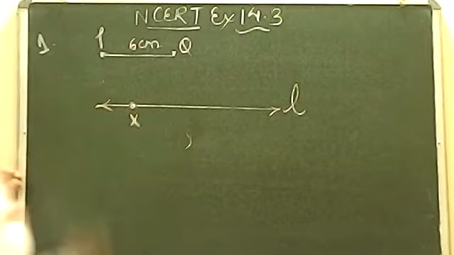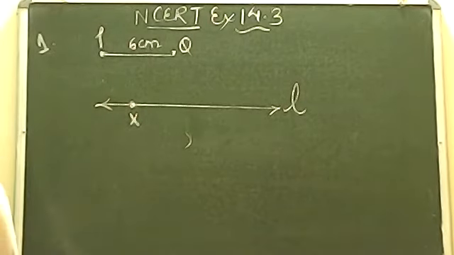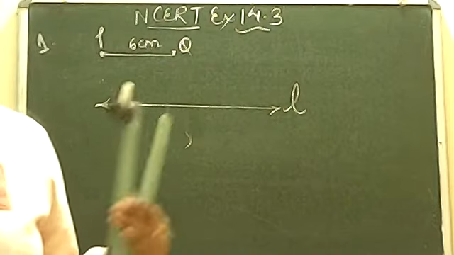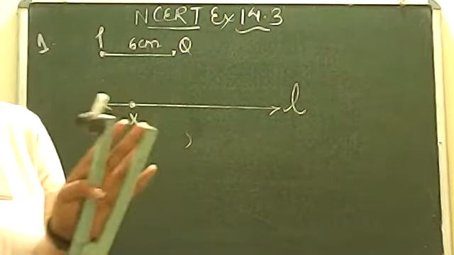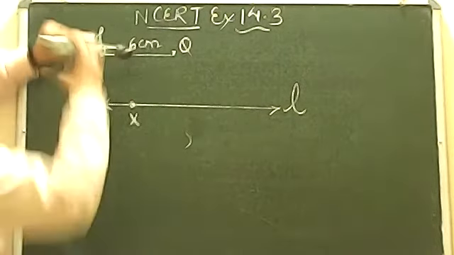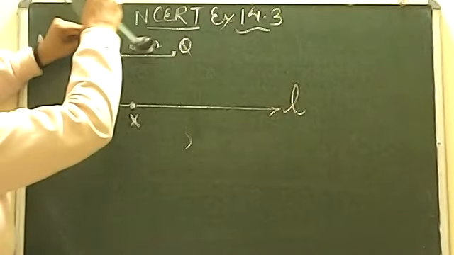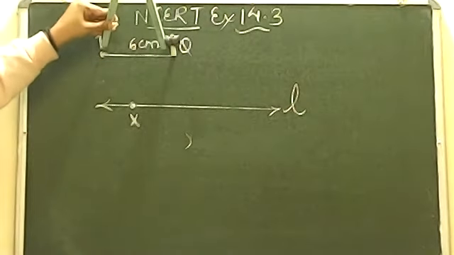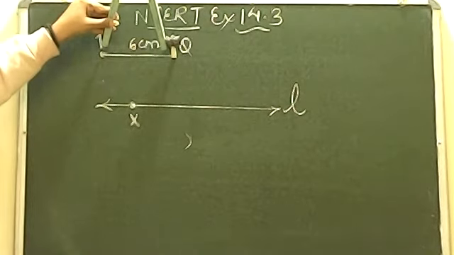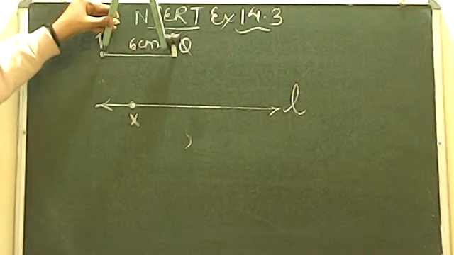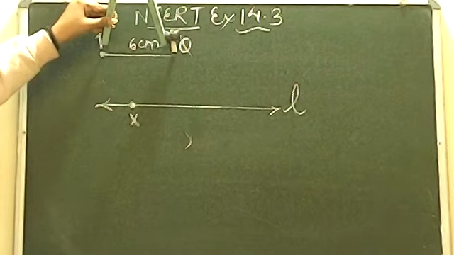One point I will mark as X. Now what will we do? We will not measure anything, remember, because the question says do not measure anything. What I am doing is taking my compass and putting one pointer on P and the other on Q, and checking how much it is open.